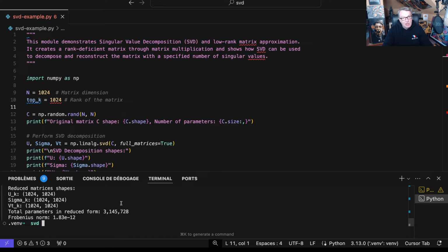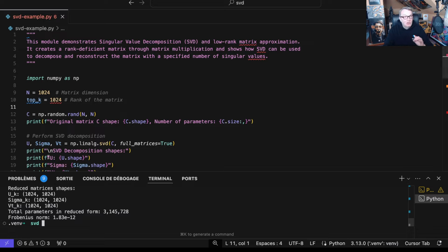See, it's not complicated. You get the intuition that we can approximate any matrix by a product of low rank matrices. And again, that rank, that common dimension, is a critical parameter.